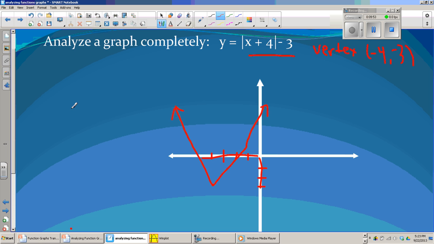So, if I was going to look at analyzing this particular graph, I might want to start with the x and the y intercepts. For the x-intercepts, I could look at this graphically and see that this graph is crossing at -5 and at -3.